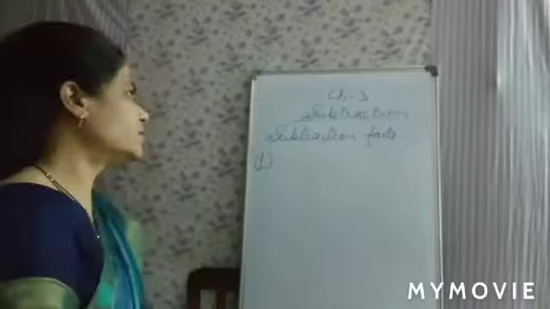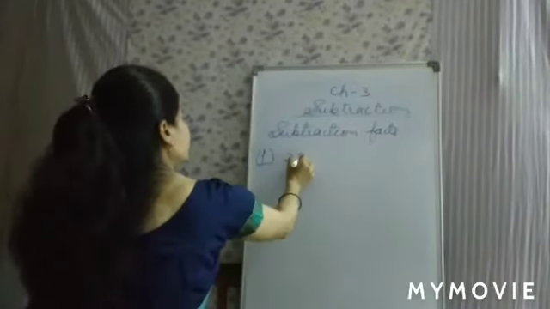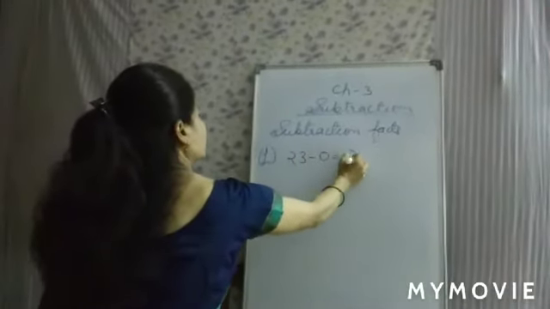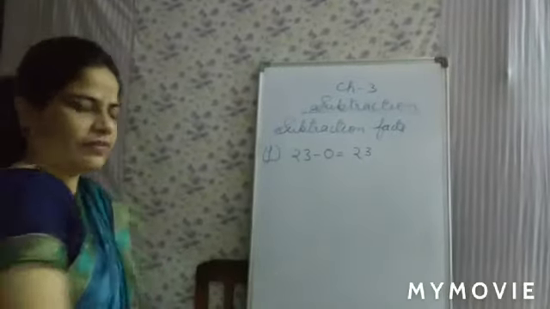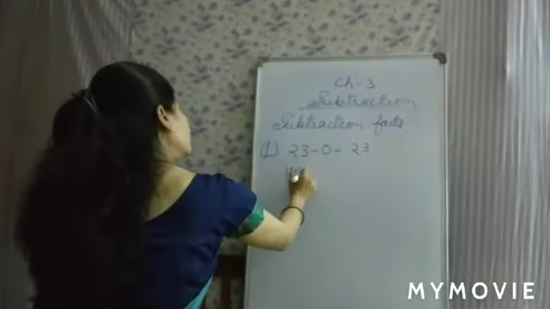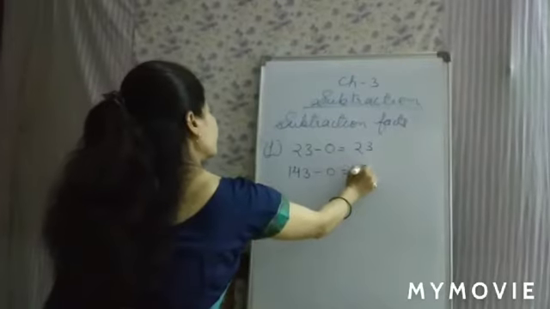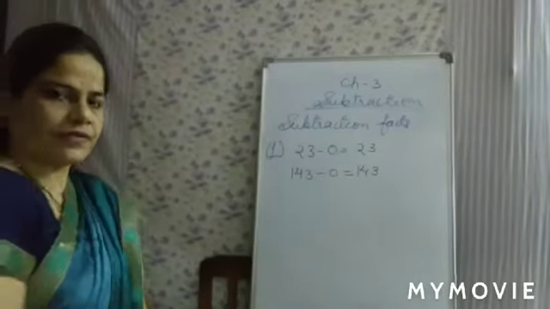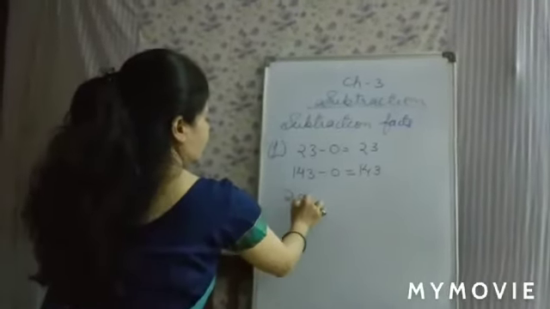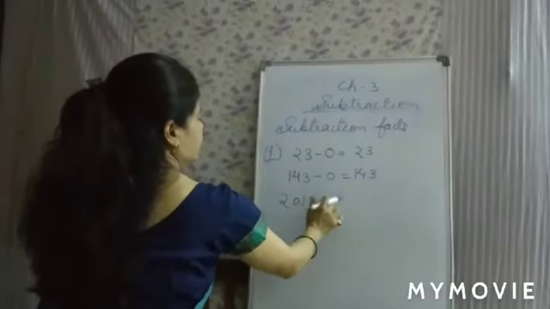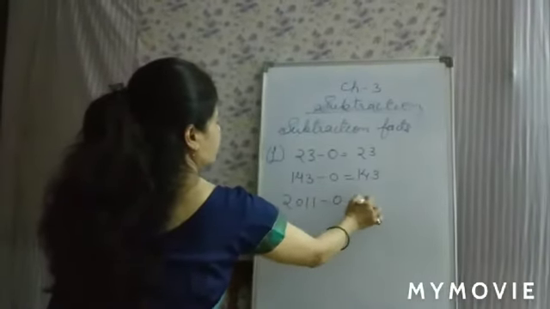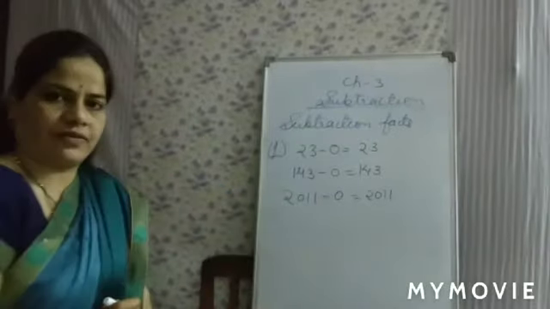Some examples: 23 minus 0. You will get 23 again. 143 minus 0, you will get 143. 2011 minus 0. What will you get? 2011 again.